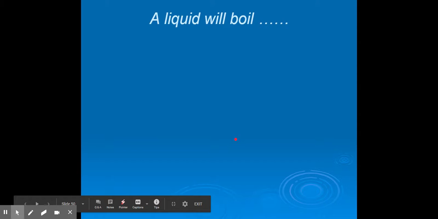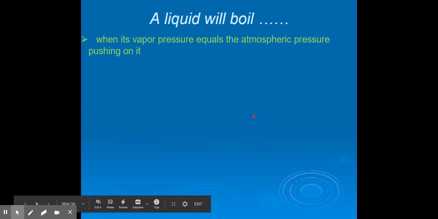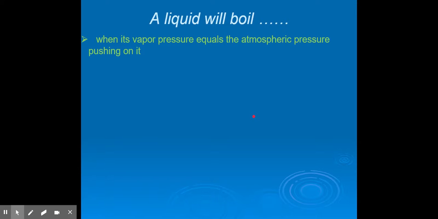Boiling. There's your version and the chemistry definition of boiling. The chemistry definition of boiling is that a liquid will boil when its vapor pressure equals the atmospheric pressure pushing on it. That does not mean that a liquid will boil at the same temperature all the time.